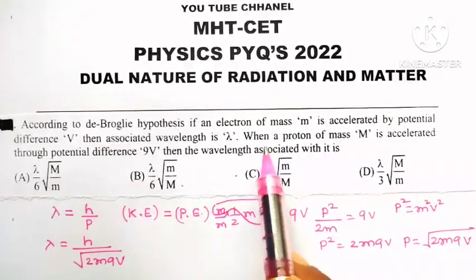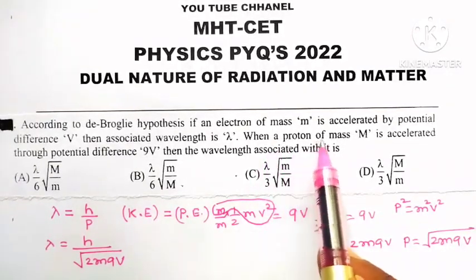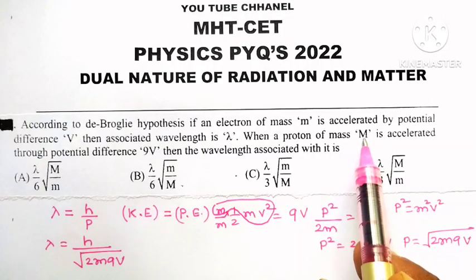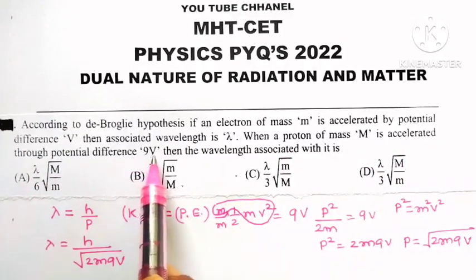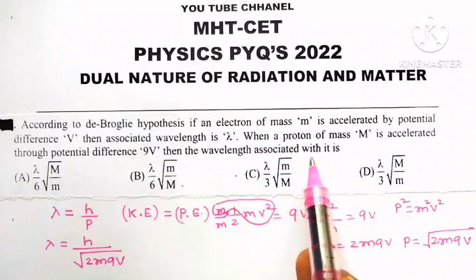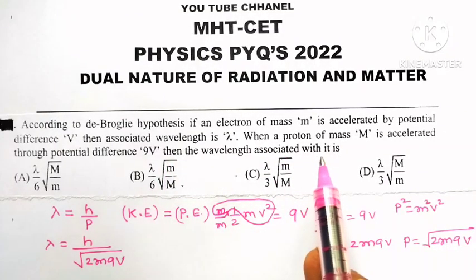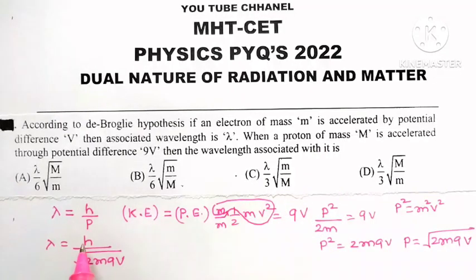Now for the second part, we are given that a proton of mass capital M is accelerated through a potential difference 9V, and we need the wavelength associated with it. So lambda is equal to h upon the square root of twice mqV.